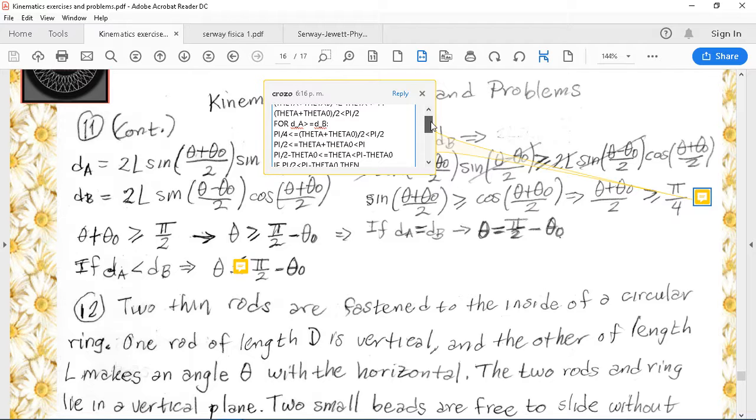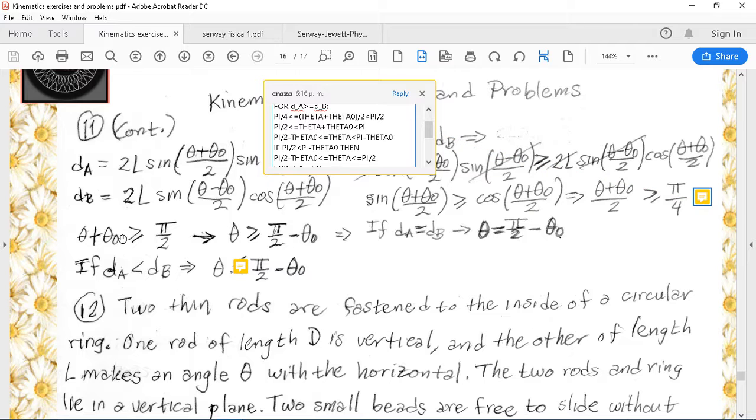So for dA greater than or equal to dB, we have that (theta plus theta 0)/2 is greater than or equal to pi fourths but less than pi halves, so that theta plus theta 0 is greater than or equal to pi halves but less than pi.